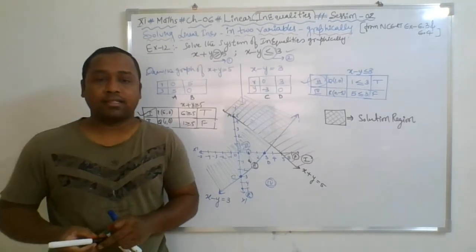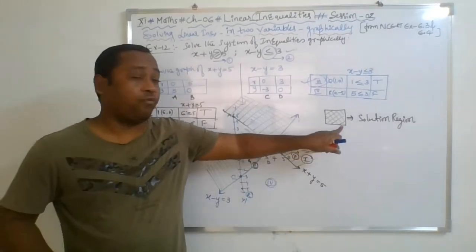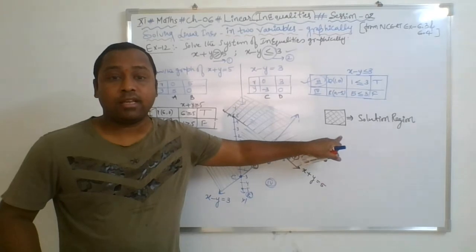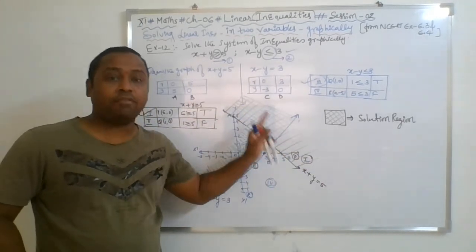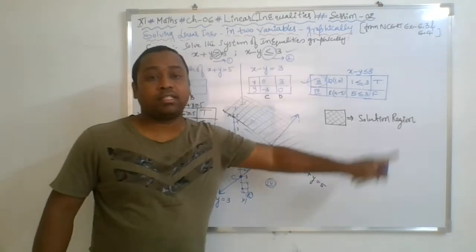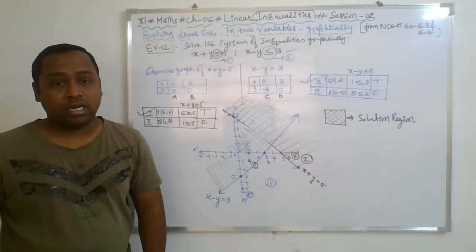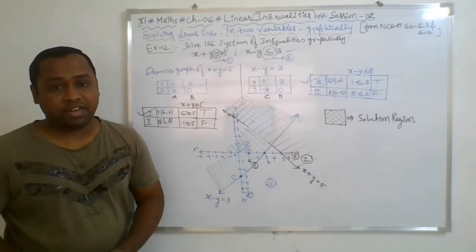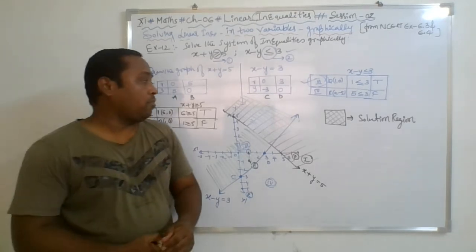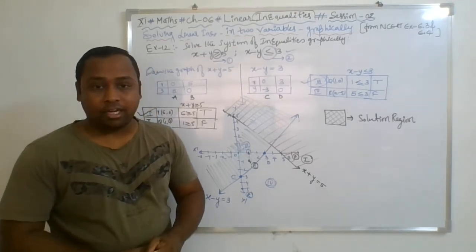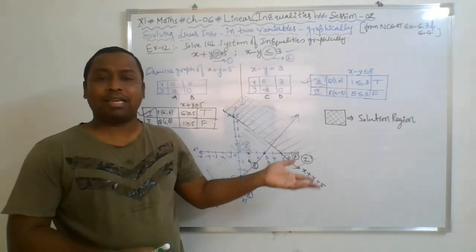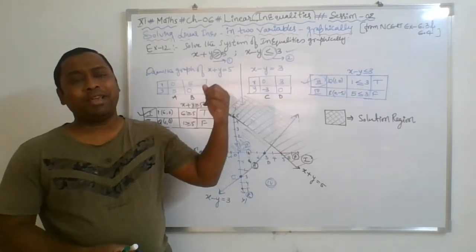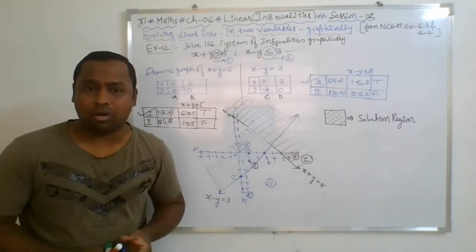So your task is done, and this is very important because you need to identify which area will be the solution region for your inequalities, system of inequalities. So the thing which I have carried out here for 2 lines, you may carry the same for 3 lines, you may carry the same one for 4 lines.